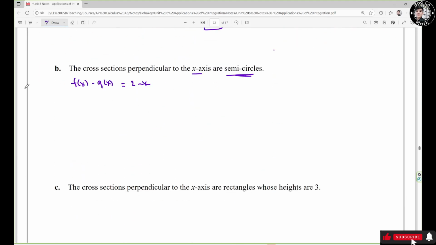Now this one is the diameter, right? Now you need to find the radius. So the radius is 1/2 times 2 minus s, right? Now you need to calculate the area of the semicircle. So area equals 1/2 pi times r squared. R equals this one, right? So multiply by 1/2 times 2 minus s altogether squared.